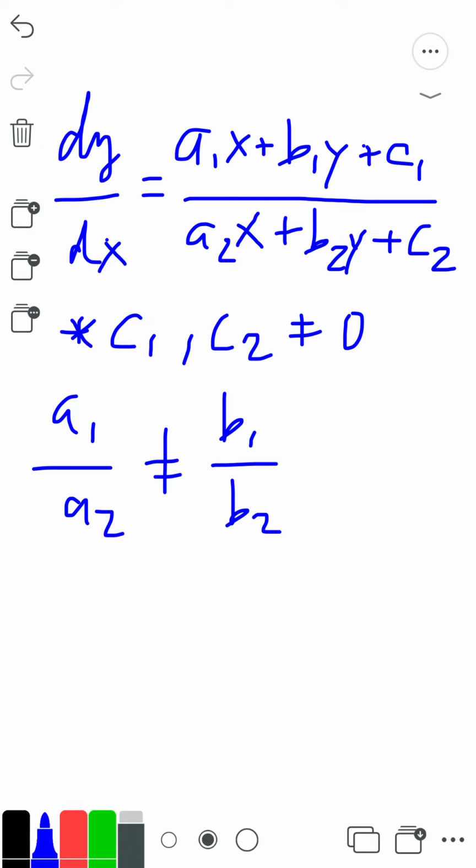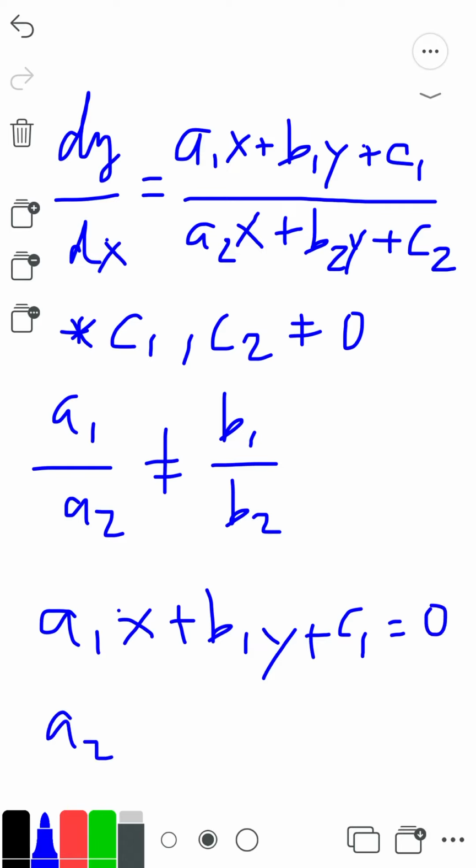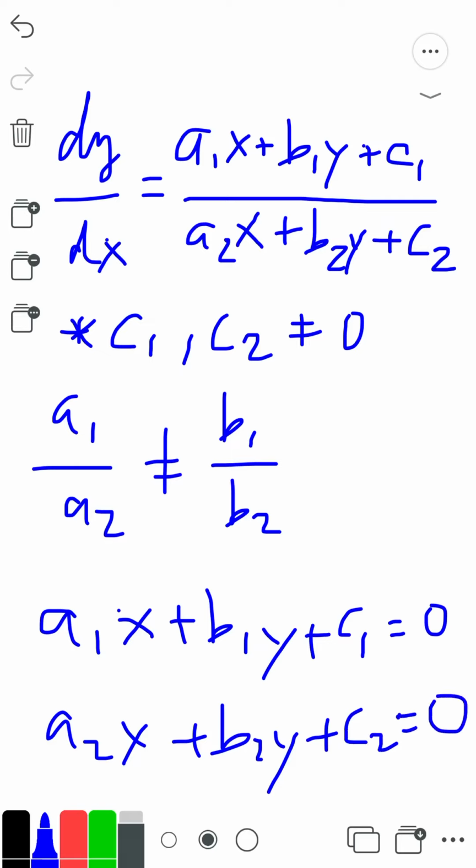Then in this case, we will find the intersection of the line a1x plus b1y plus c1 is equal to 0, and the line a2x plus b2y plus c2 is equal to 0. Basically these two lines are the numerator equal to 0 and the denominator equal to 0.